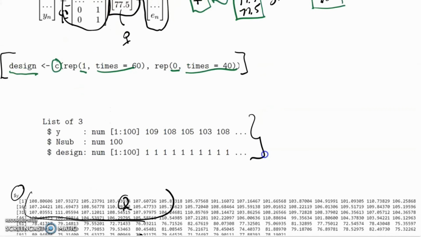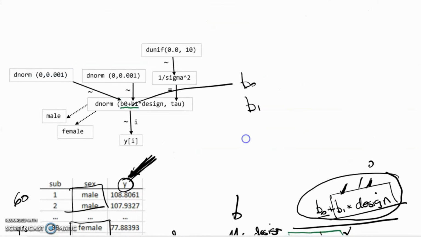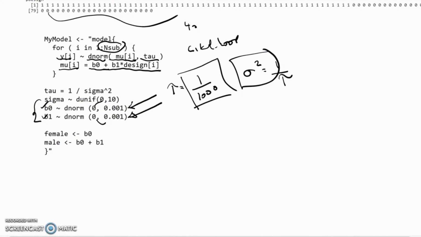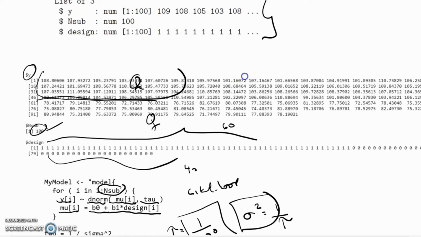We need to have our priors for tau. And again, just because of the way this works, we're going to assume that sigma is drawn from a uniform distribution. We then calculate 1 over sigma squared, and that's going to give us our tau. And at the end, we're going to have these two derived quantities.